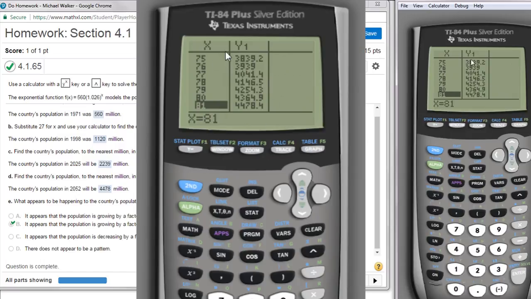But we've got all the values that we need listed right here in a table. That's really useful if you're having to look up a whole bunch of values. You can have the calculator look them up for you.